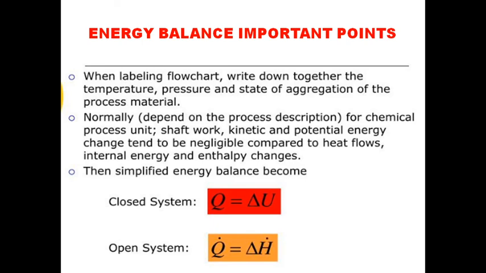So that's why for a closed system delta U is equal to Q. For an open system, no kinetic energy, no potential energy, so Q is equal to delta H. Heat flows and internal energy and enthalpy changes are what matter, the rest are negligible normally for a chemical process unit. So for a closed system, capital Q is equal to delta U. For an open system, capital Q is equal to delta H.